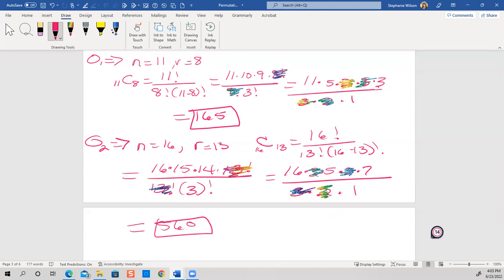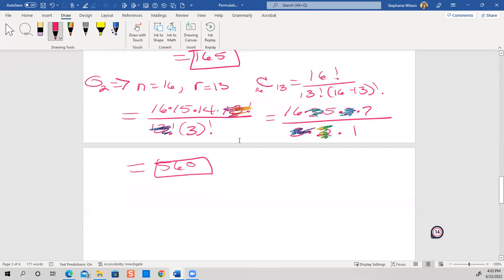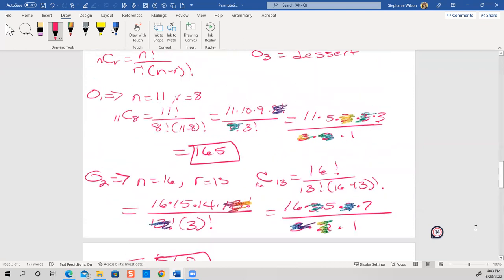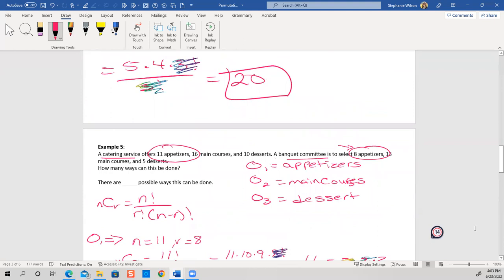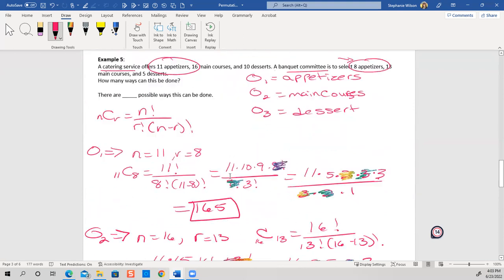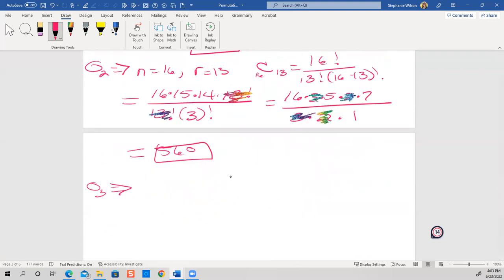Now let's do the last one, for order 3. So let's go back and look at desserts. Desserts says that we have 10 desserts, right? They offer 10 desserts and they're wanting to select 5 of those. So my N is going to be 10 and my R is going to be 5.